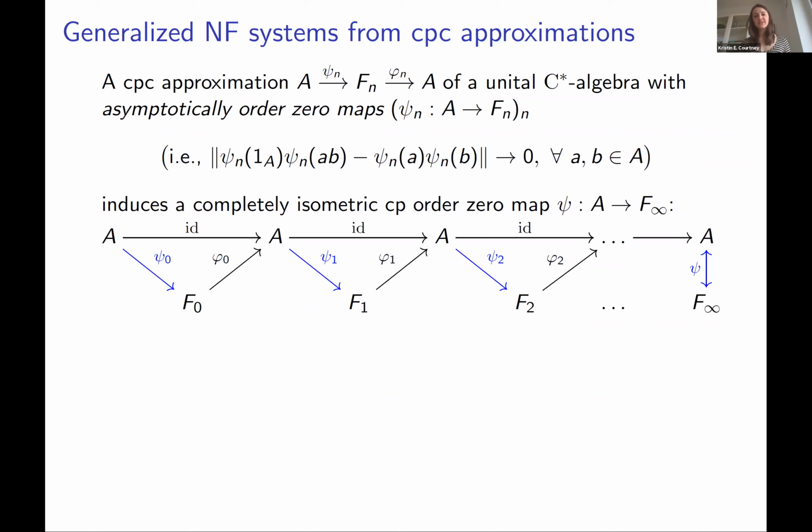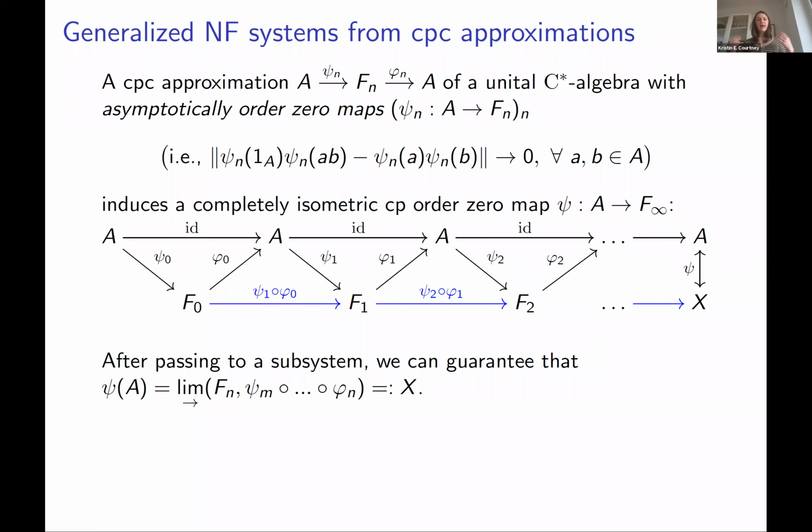If I have such a CPC approximation, then if I look at all of these downwards maps, these psi_n going from A into the finite dimensional C-star algebras, this is going to induce a completely isometric CP order 0 map from A into the C-star algebra F_infinity, the same way we've been inducing maps into F_infinity all along.